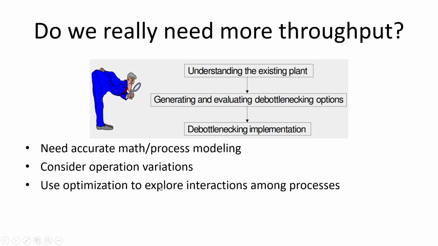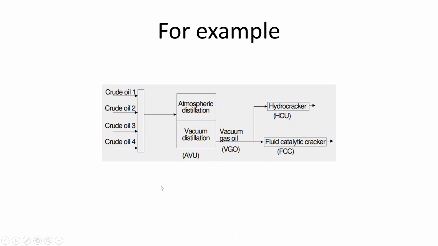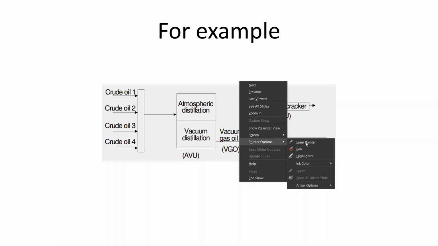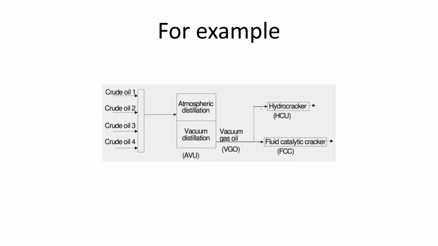Say for example, before we go to that, this vacuum gasoline can go either to the hydrocracker or the FCC unit, right? Where does it go and how much? Either it goes to here or to there, or 50-50, or 60-40, or 40-60, is something that we need to find out.